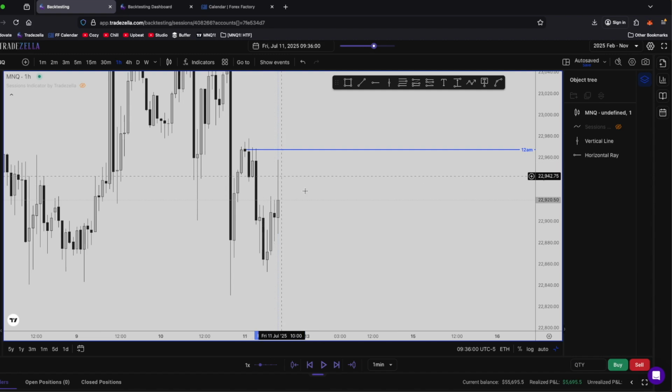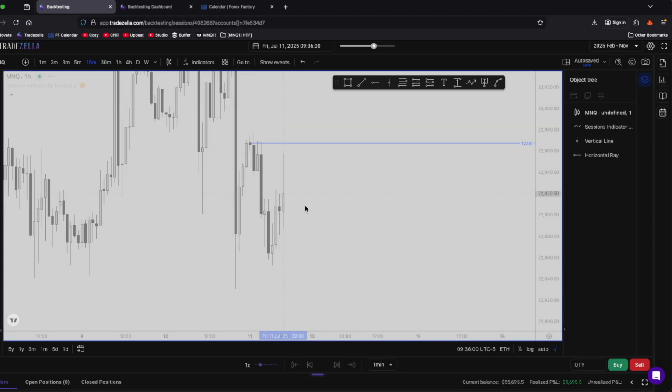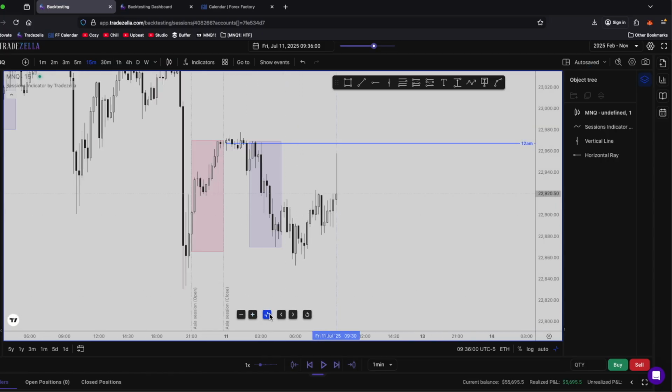So it came into that fair value gap. Rejecting so far.